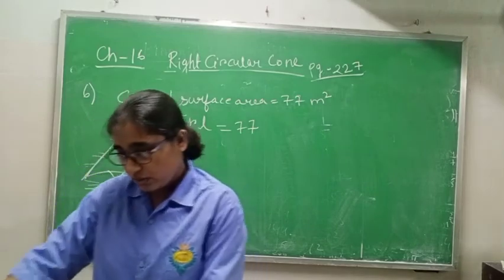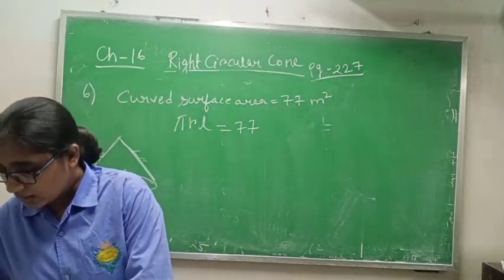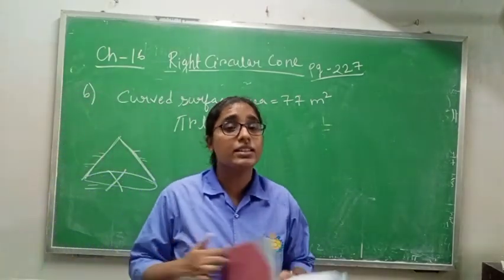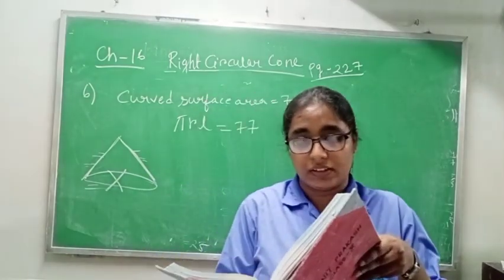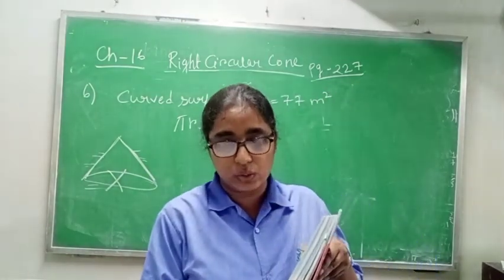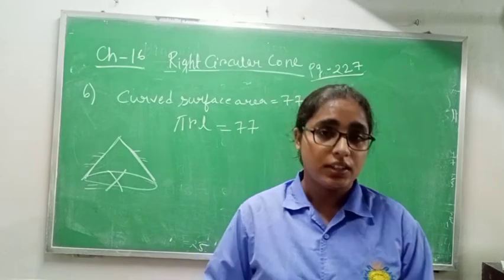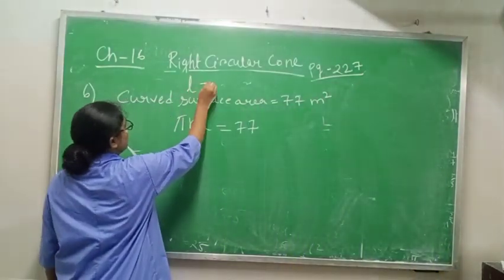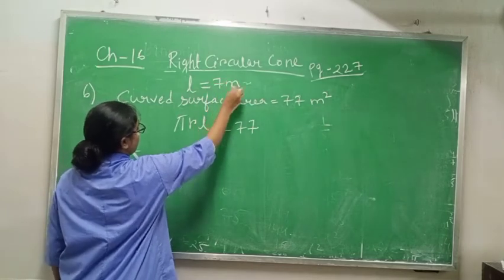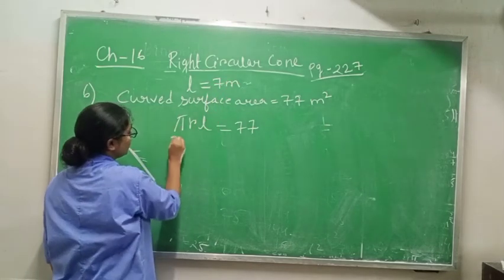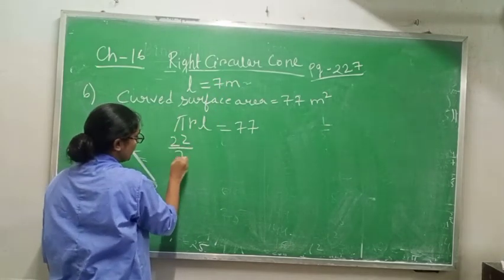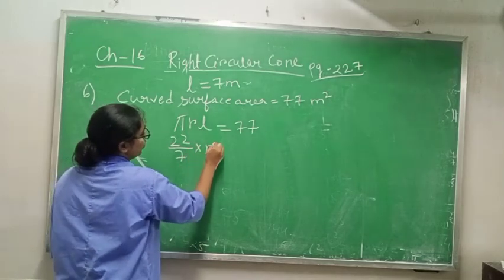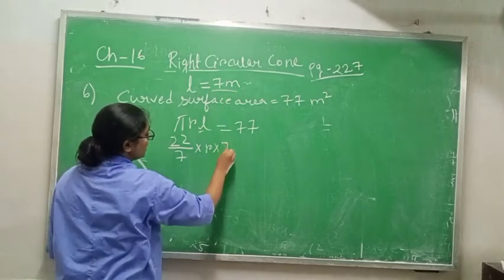Okay. Now read the question. If the slant height of the tent is 7 meter, then let us find by calculating the base area of the tent. Slant height is already given. Slant height means l is given 7 meter. In place of pi, what is the value? 22 by 7. r we don't know. l we know, l is given already 7.